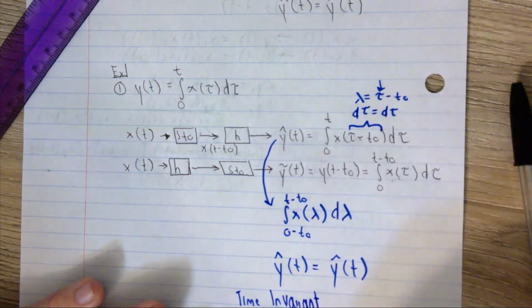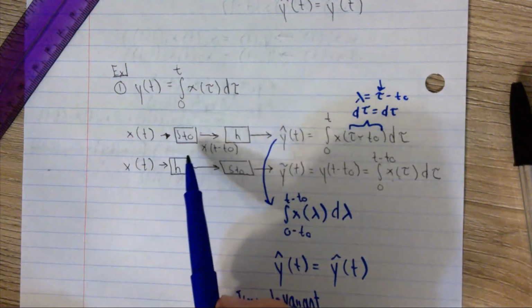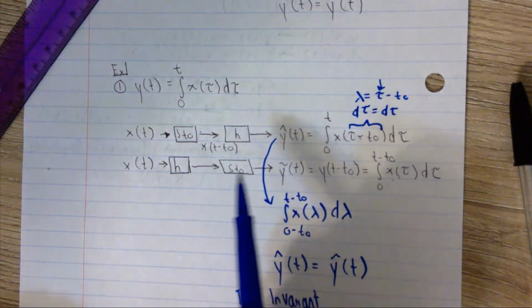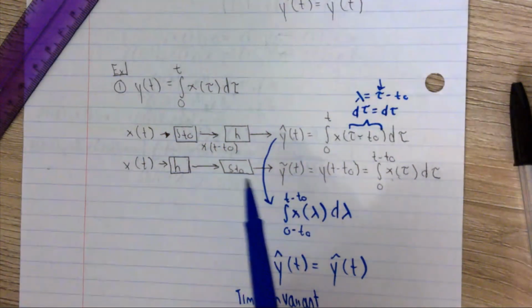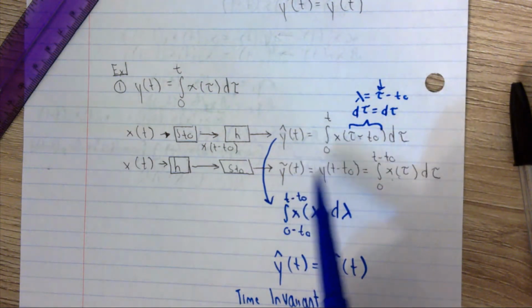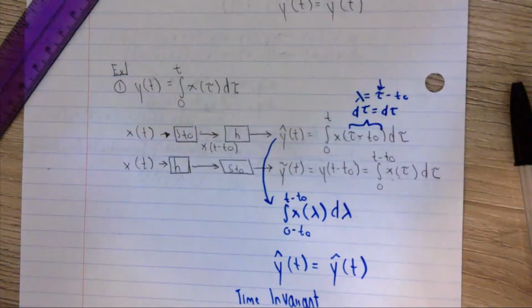So basically, to cover time invariance again, what you do is you do a shift in the input, and then you take it through that system, and that produces one output. And then the other way you do it, you take the system first, then you shift it, and that produces another output. So if y hat is equal to y tilde, and you do some mathematical manipulation, then it's a time invariant system. If not, then it is time varying.